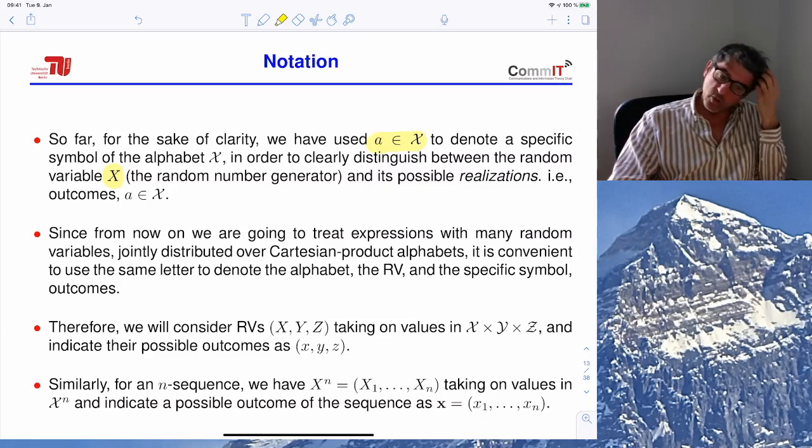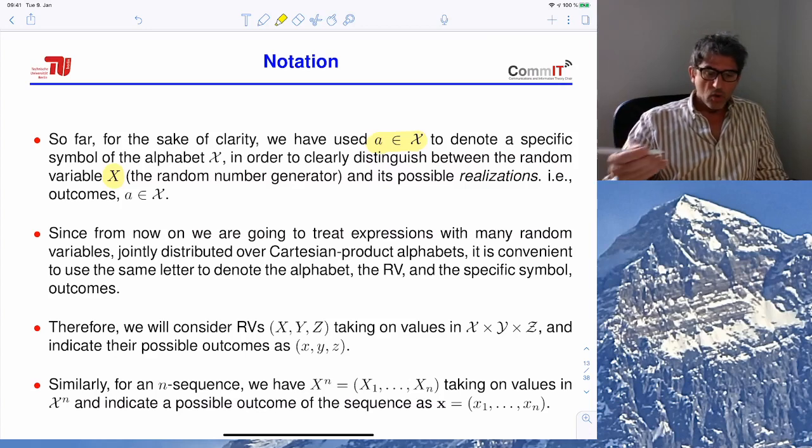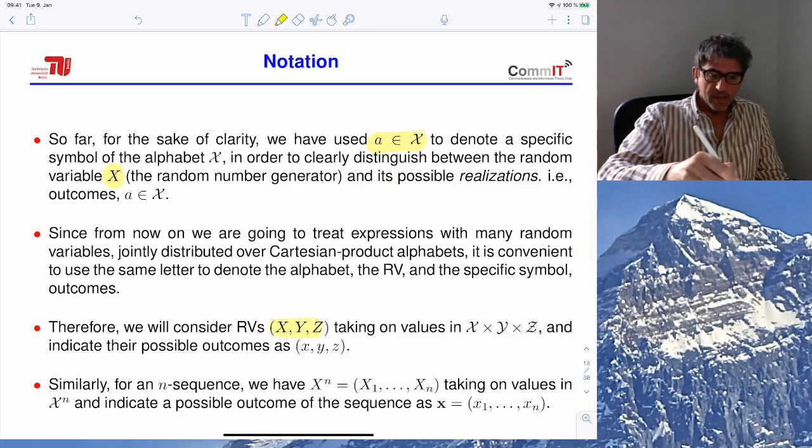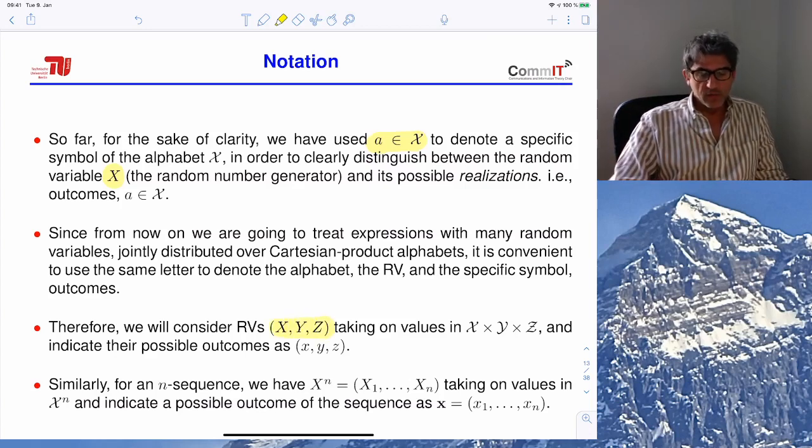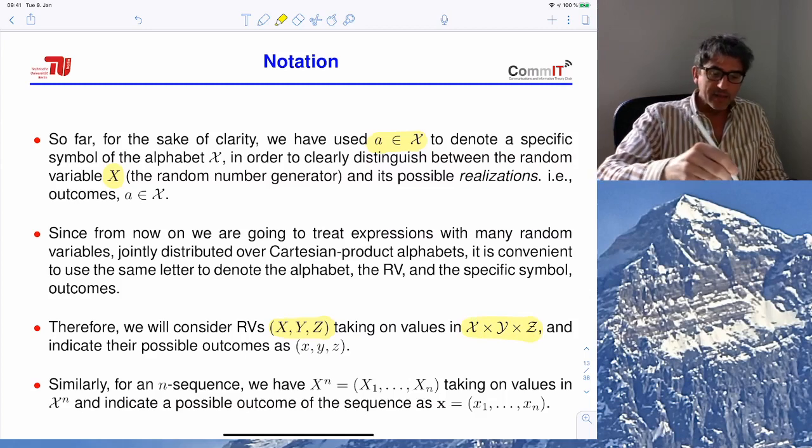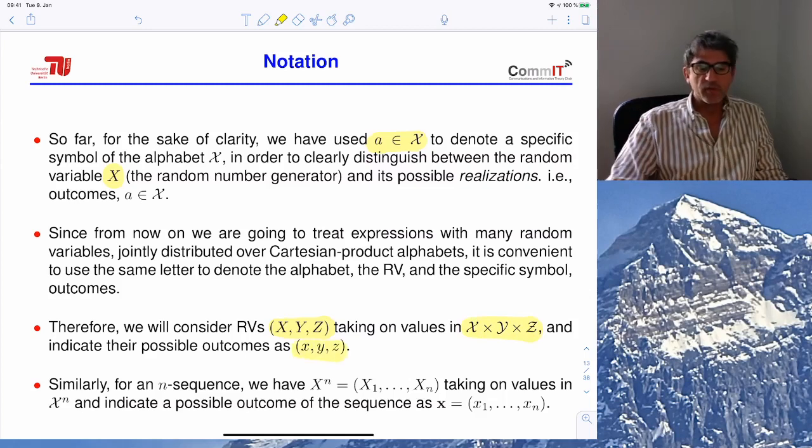So we are going to use capital letters X, Y, Z for the random variables, the corresponding capital calligraphic letters for their alphabet, and the small corresponding letters to indicate the particular symbols.